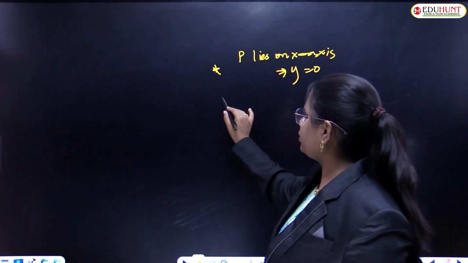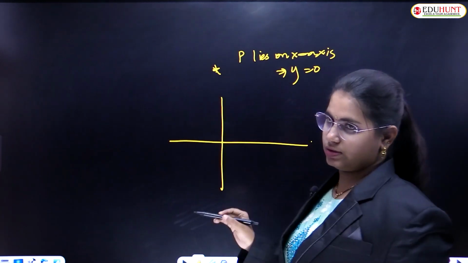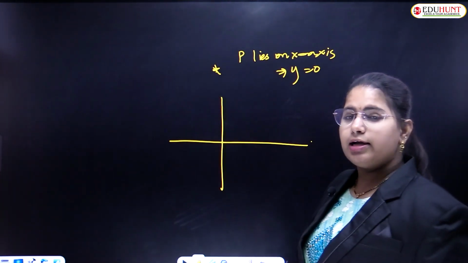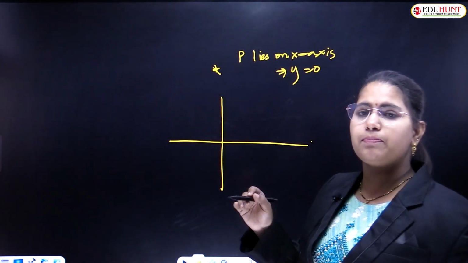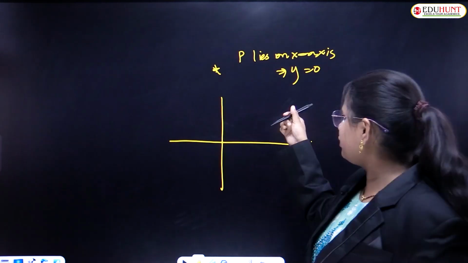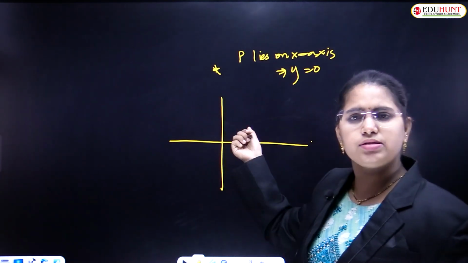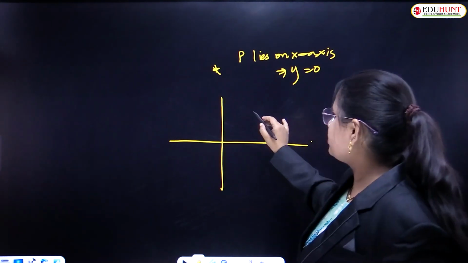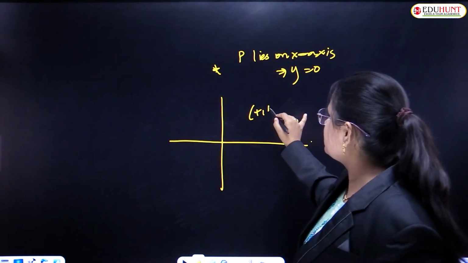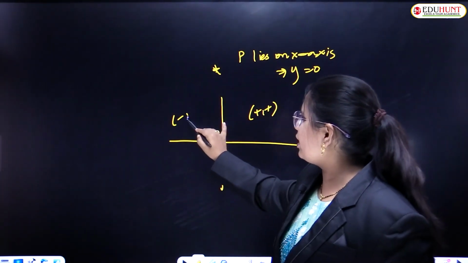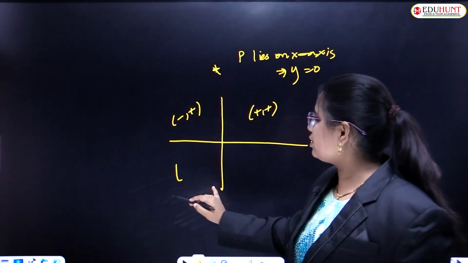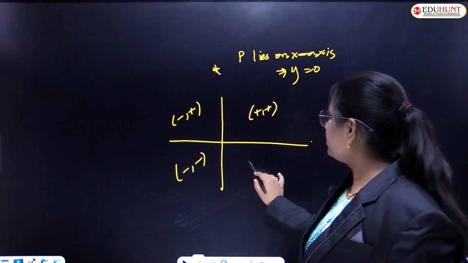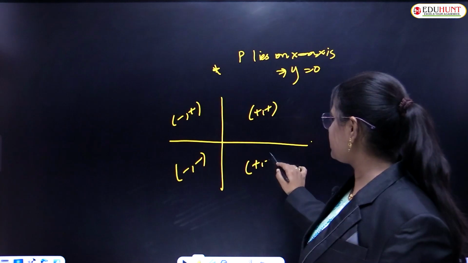So this is my coordinate system, correct? I said, where should my point P be located? If it is located in the first, second, third, or fourth quadrant, I told you the conditions: this will become plus plus, this minus plus, this minus minus, and this plus minus.